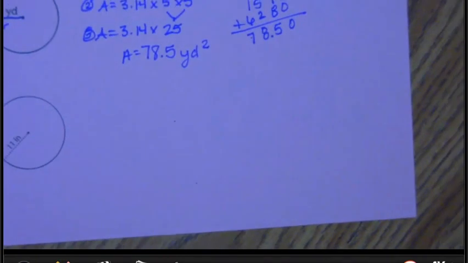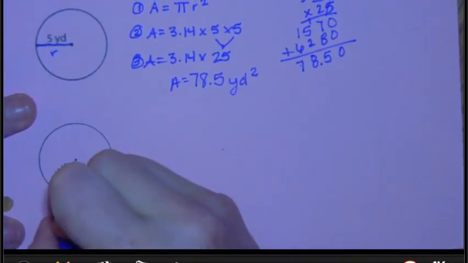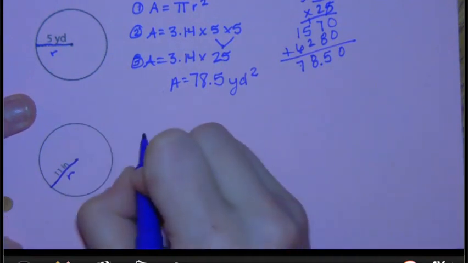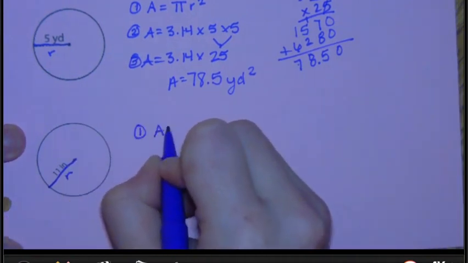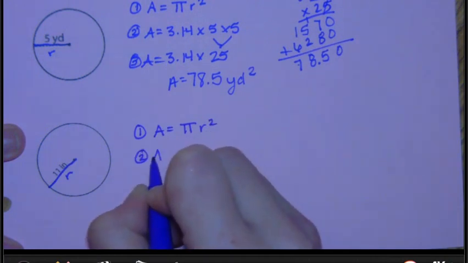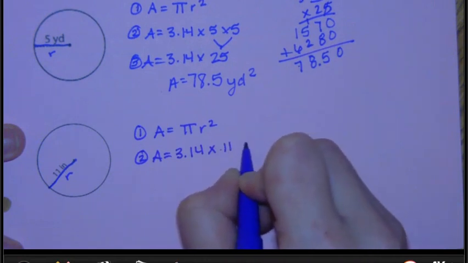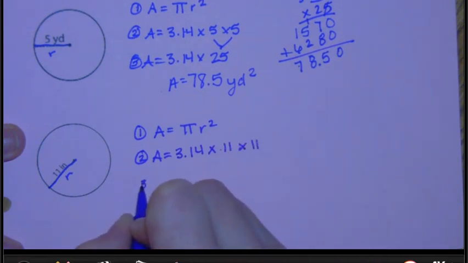All right, number 3. Let me move it out some. There we go. Number 3, I have another circle with a radius of 11. So my formula again, A equals pi r squared. Step 2, A is equal to 3.14 times 11 times 11.